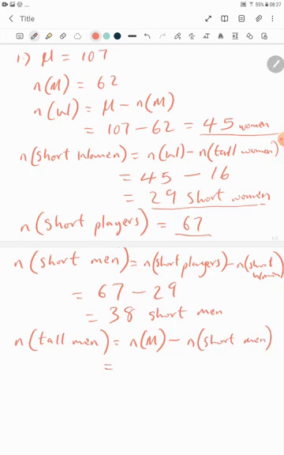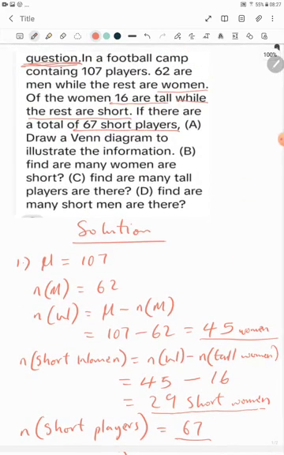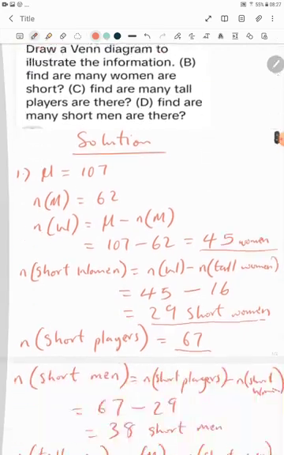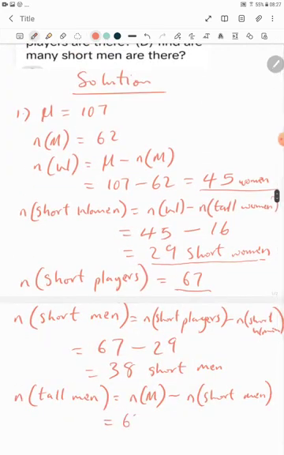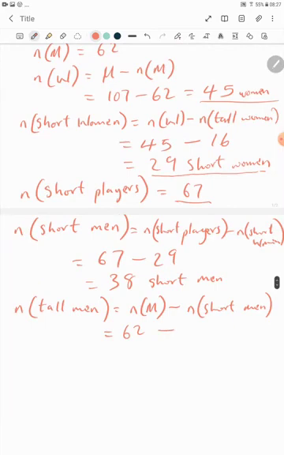It is very good for us to do all this analysis so that by the time we are answering the question, it's as if we are just picking the answer and putting it there. So the number of men that we have has been given to be 62. And we already know the number of short men is 38. If we subtract that, that will be 24 tall men.